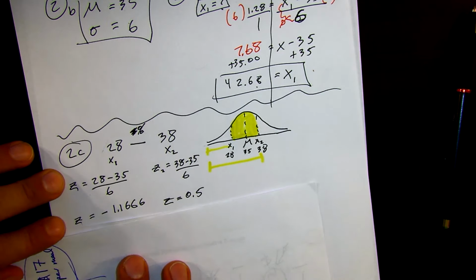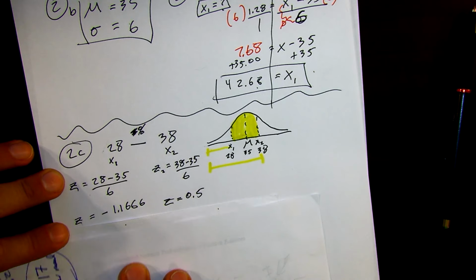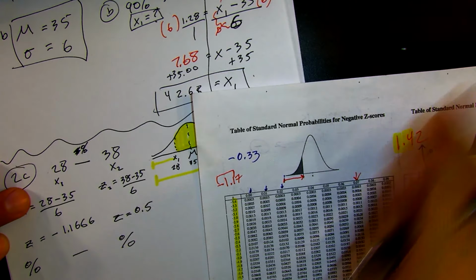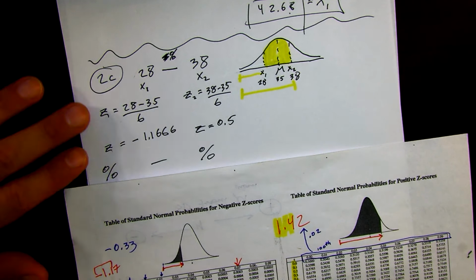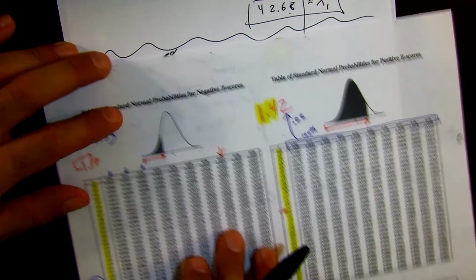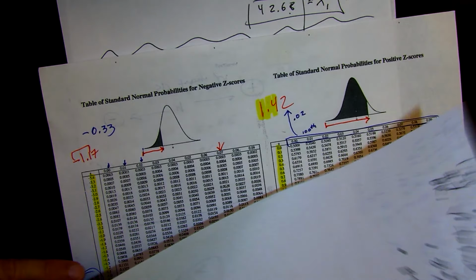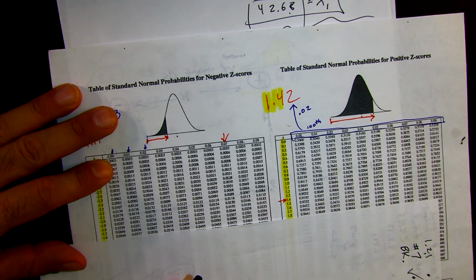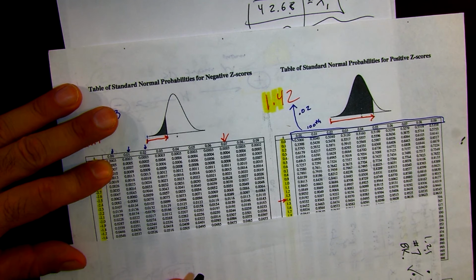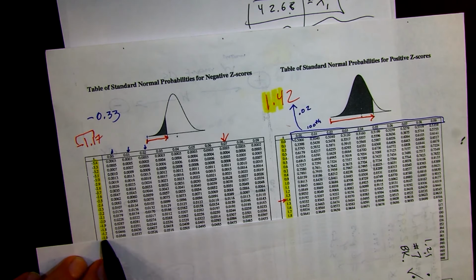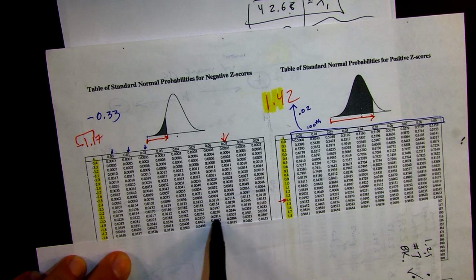Okay, and then I look at this and I say, well, let's go ahead and back to our z-score chart. We get that handy. We're looking for negative 1.16 to start. So negative 1.1666. So negative, let's go to negative 1.6, right? And then I want to look at not negative 1.6, I need negative 1.66.